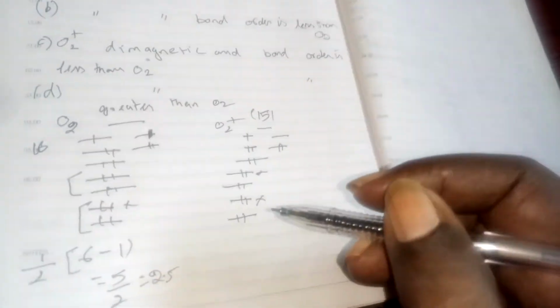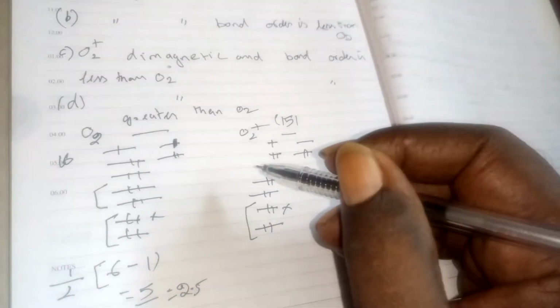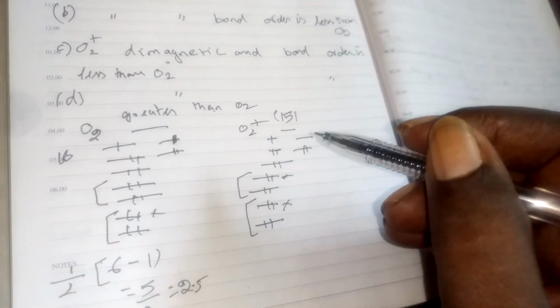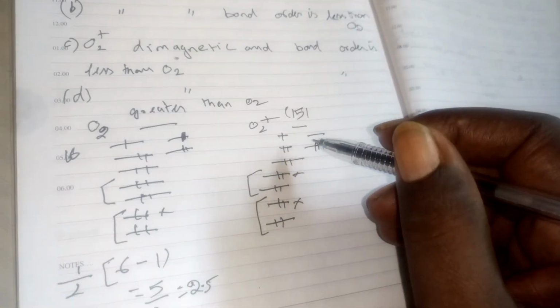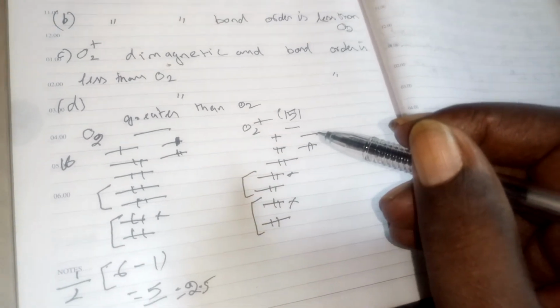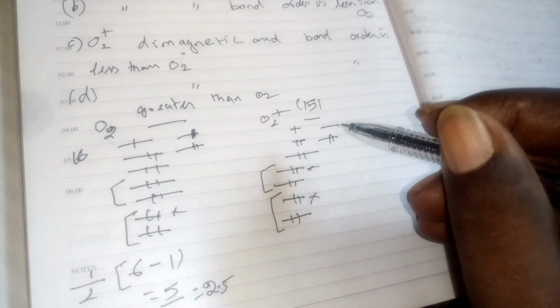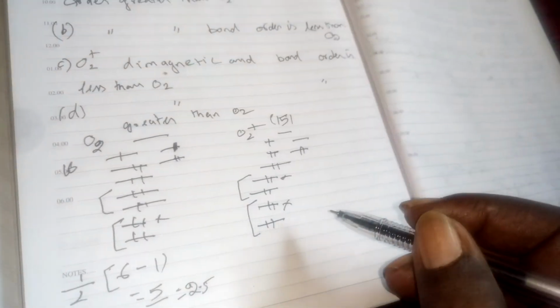Okay, now here for O2 we look at these: 1s and 1s star cancelled, 2s and 2s star cancelled, remaining 2, 4, 6 and 2, 4, 6.